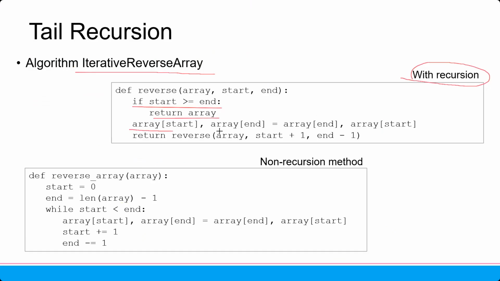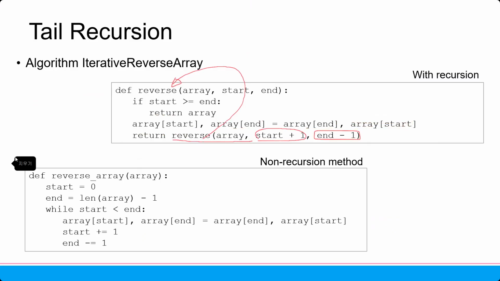Otherwise, we do the swapping. So array start will be equal to array n, and array n equals to array start. And then we do the reverse array, start will be added by 1 and n will be minus by 1, and this will run the function again.